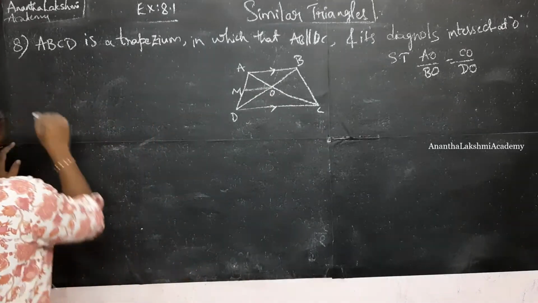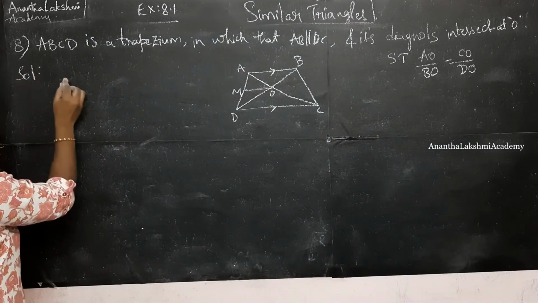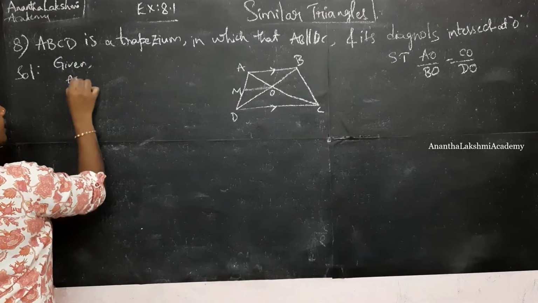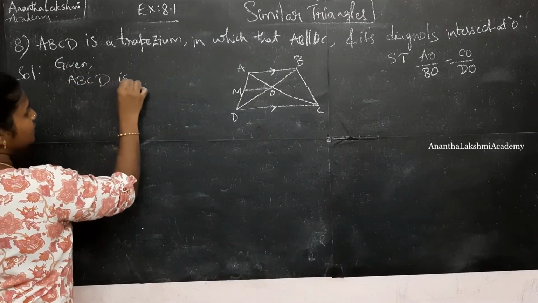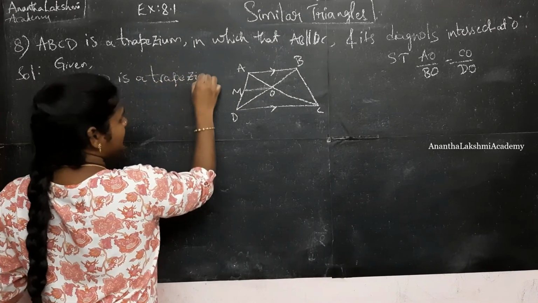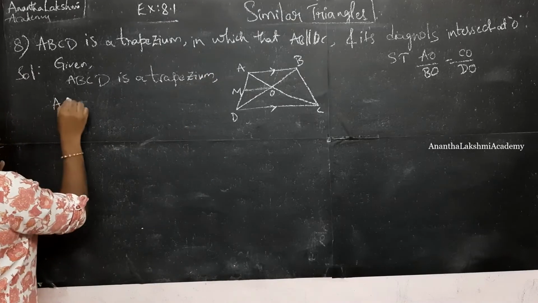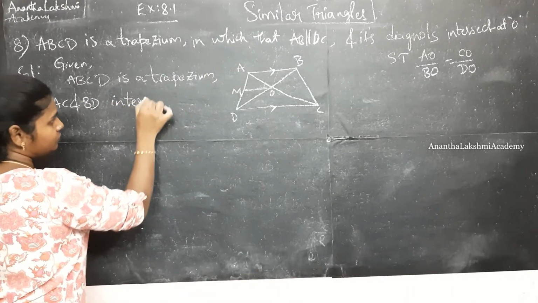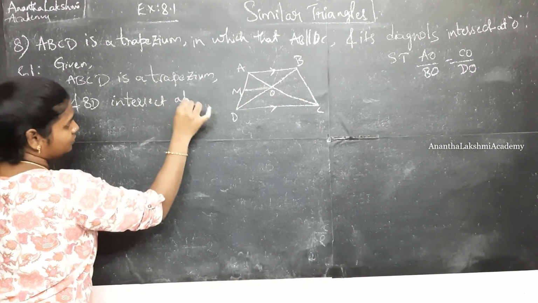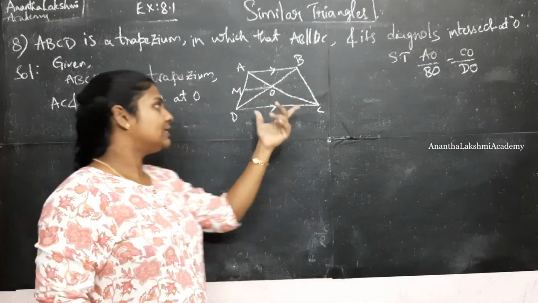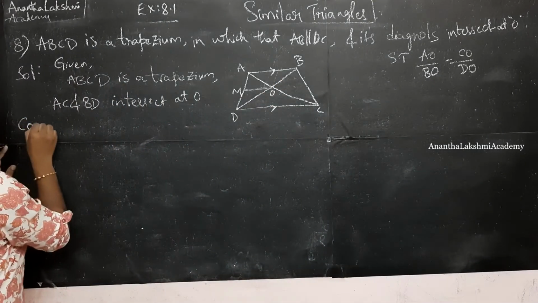Okay, so solution. Given: ABCD is a trapezium and AC and BD intersect at O. Now what have I done? I have drawn a new line, which comes into the construction part.